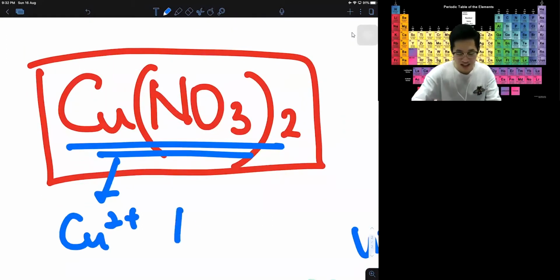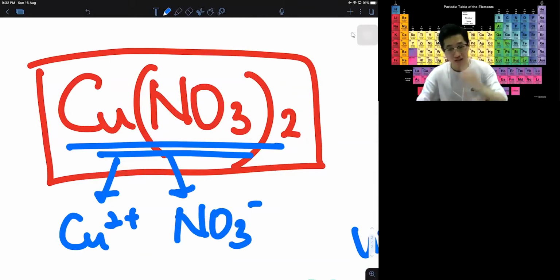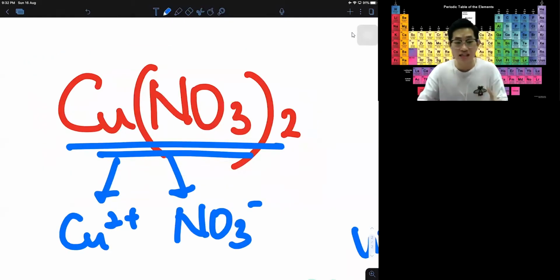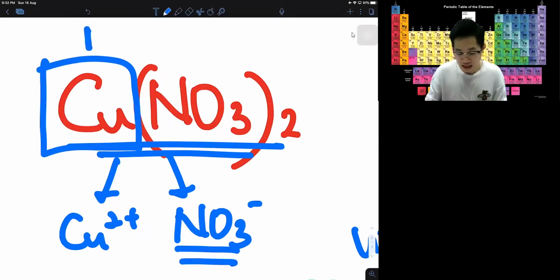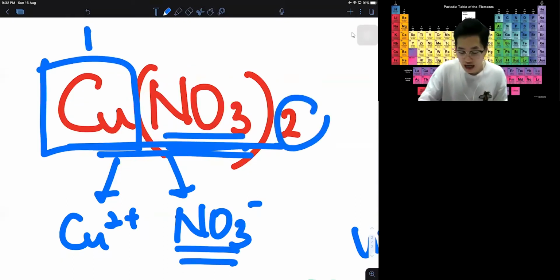You cannot just do it like Cu2 plus and NO3 minus, 2 ions. If you do this, every question would also be 2 ions. Because you have to see, in this formula, how many Cu2 plus? 1. How many NO3 minus? Can you see NO3 times 2?